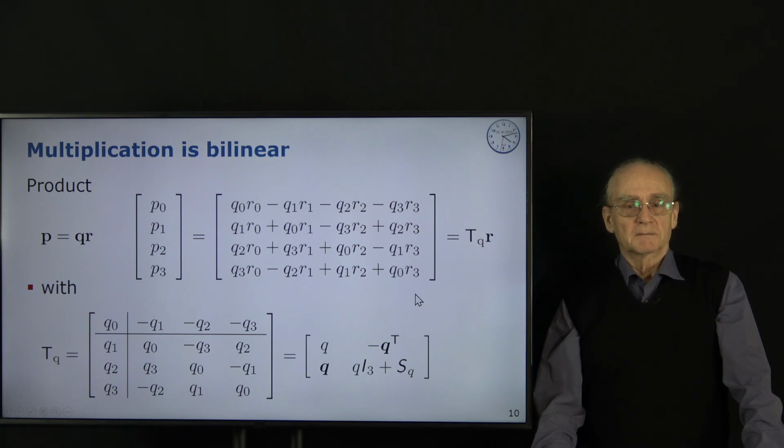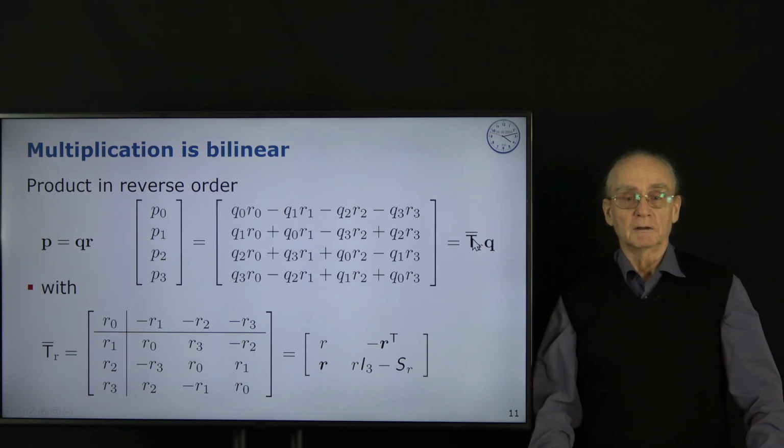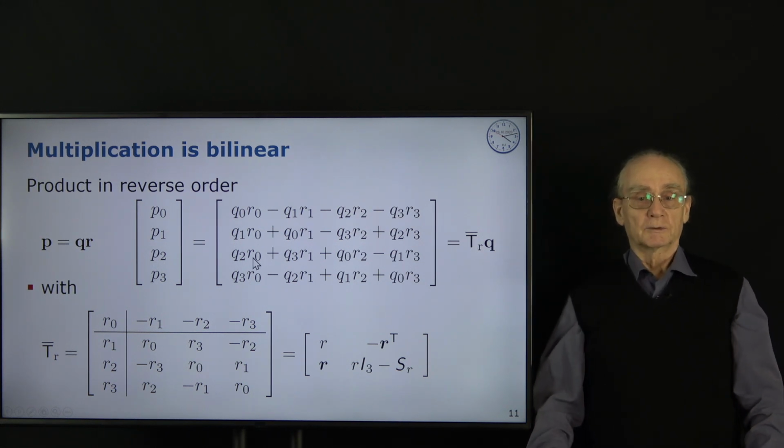Now, sometimes we would like to write this down as a function of q. This is also linear in q. We can do this. We just take all these q's, put them in here and multiply it with some other matrix, which I call T bar. It depends on the quaternion elements r.